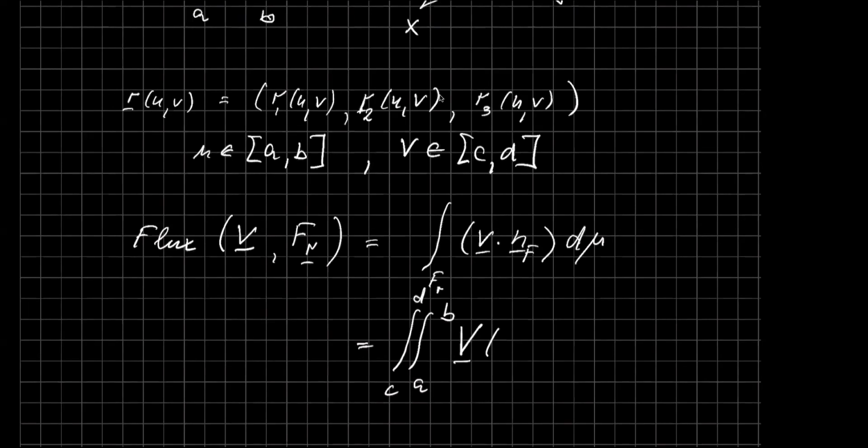That is, you evaluate the vector field for the parametric representation like this, and then you dot it with the normal vector, and the normal vector to a surface given with this parametric representation is simply the derivative of the parametric representation with respect to the one parameter, and then it is crossed with the derivative with respect to the other parameter, and you integrate it with respect to u and v. So this is the flux.